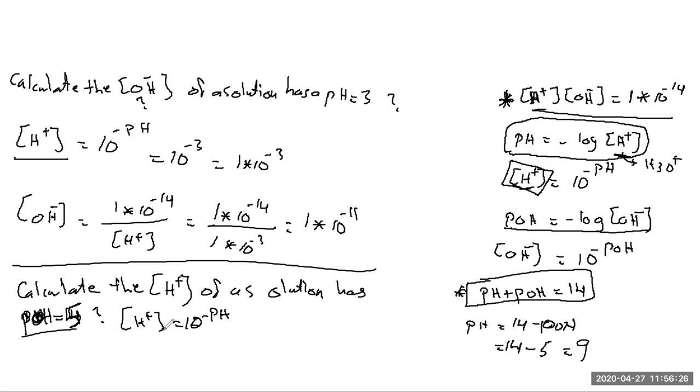So here the pH equal 9. So H positive will equal 10 to negative 9. That will be 1 times 10 to negative 9 is the concentration of H positive. That's how we will deal with these types of calculation for acid-base reaction calculation or example.